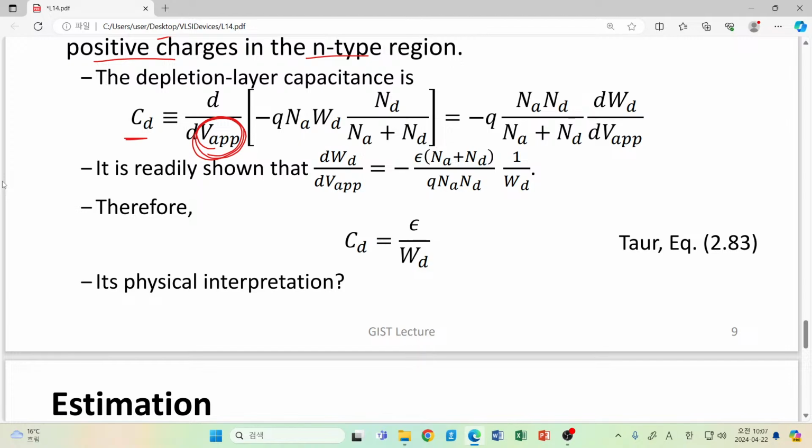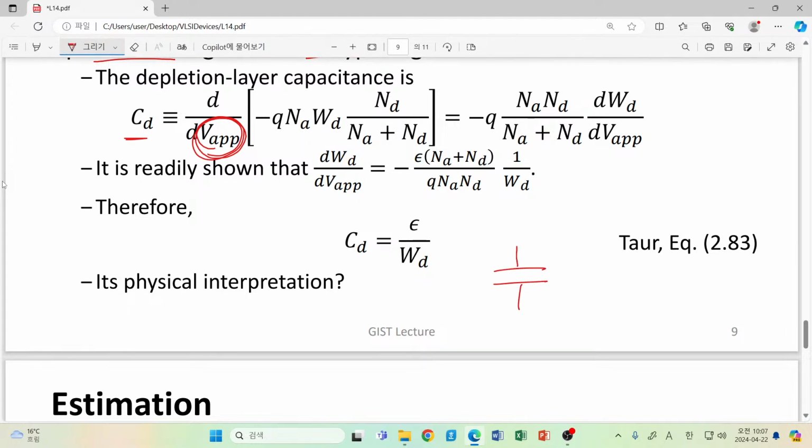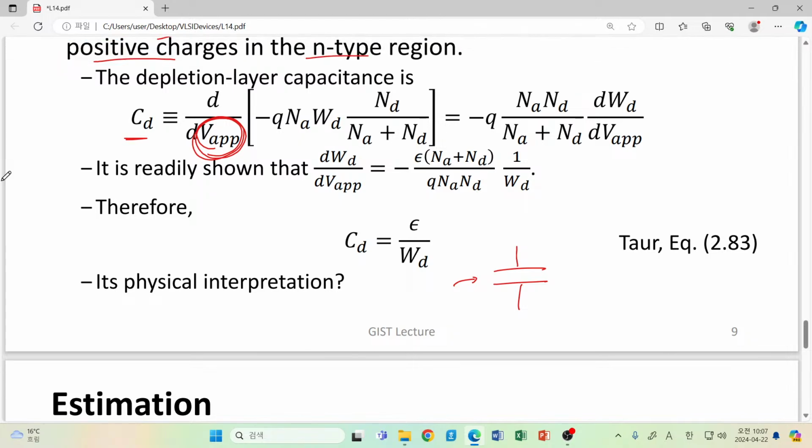Please don't be confused. For example, let me draw more concretely. Say that here you have a PN junction, although I have drawn it as a capacitor, and you have applied 0 volt and 0 volt. Let's say that this is your P-type region and this is your N-type region.